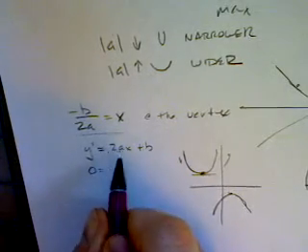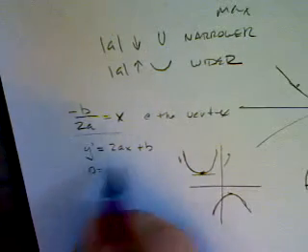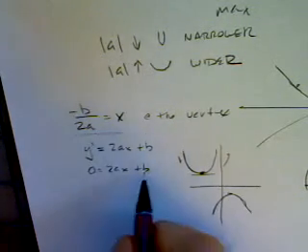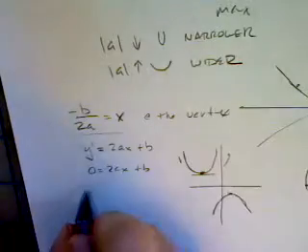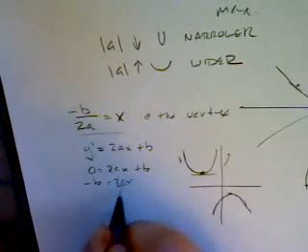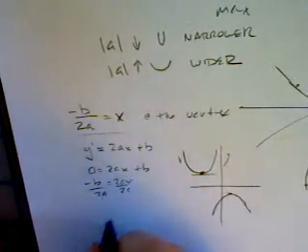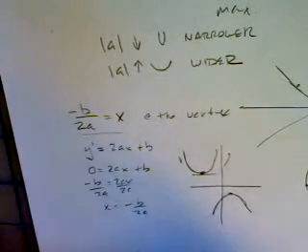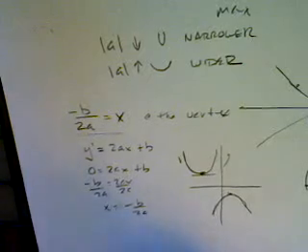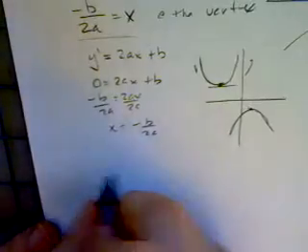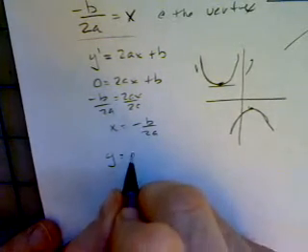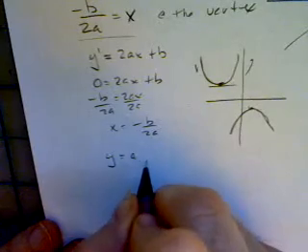So basically, 0 equals 2ax plus b, and then if we do our quick algebra right here, -b equals 2ax, divide by 2a, x equals -b over 2a. We're going to plug this -b over 2a into the regular formula we're using for our parabola, y equals ax squared plus bx plus c.